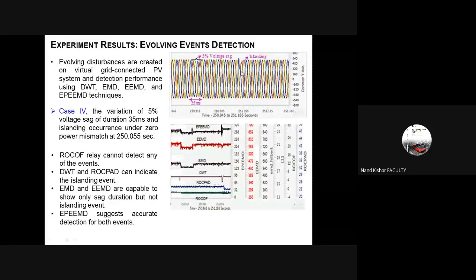So this is an evolving event experimentally conducted, and you can see here that using the energy preserving ensemble, we can detect the sag event as well as islanding. Even the ensemble can, but it does not clearly indicate the event of islanding here. Same way EMD, DWT, Rakov, and so on. These three techniques are not so reliable in detection of the events here.